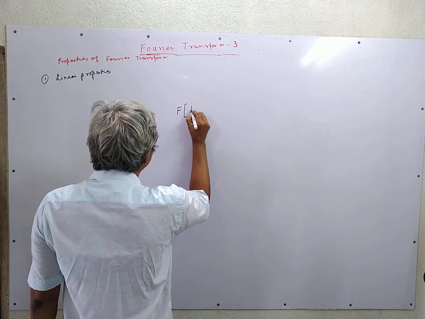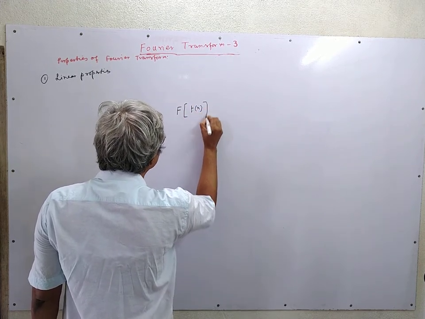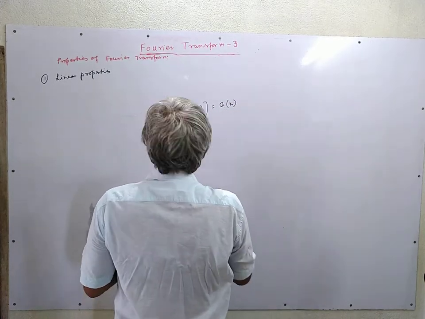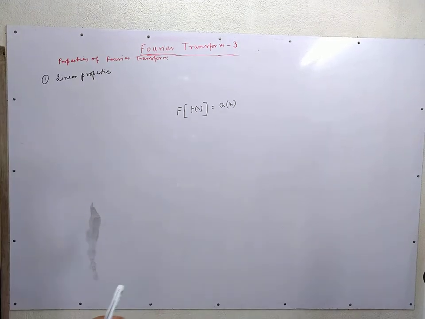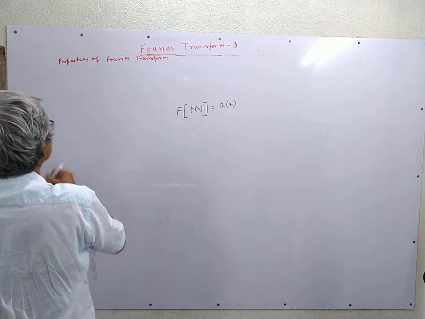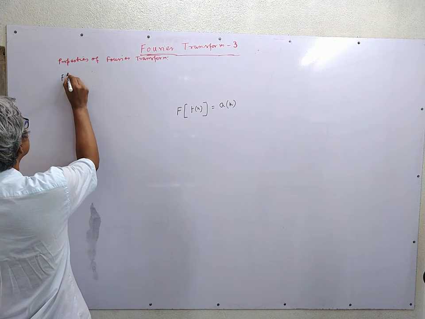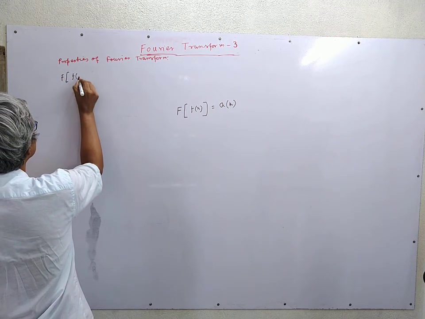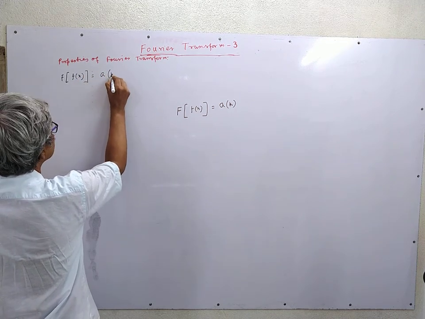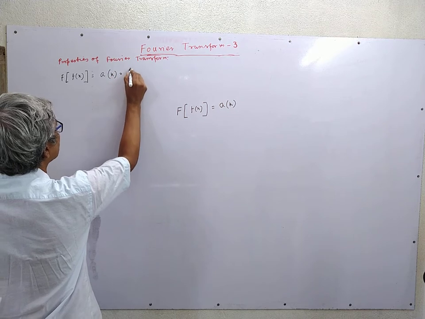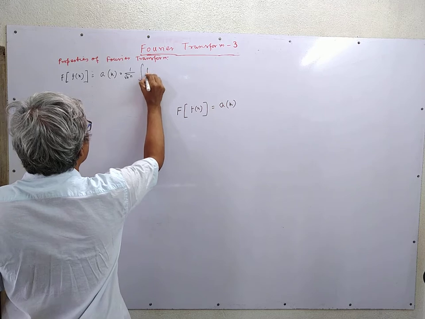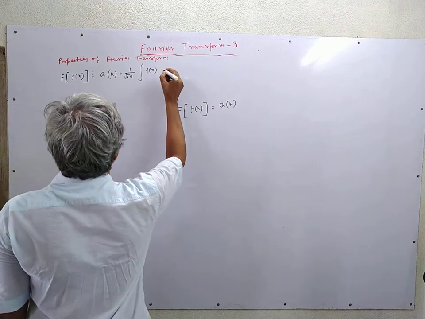The Fourier transform of a function f of x is known as A of k. Let me first write the defining property of this in 1 dimension. It is A of k is equal to 1 upon root 2 pi integral f of x e to the power minus i k x dx.